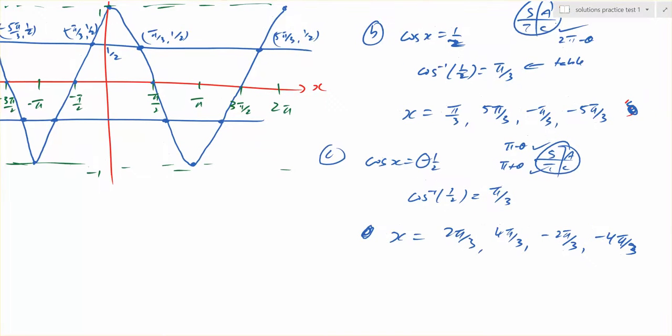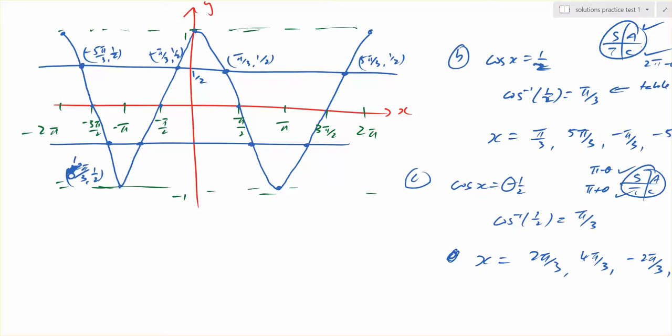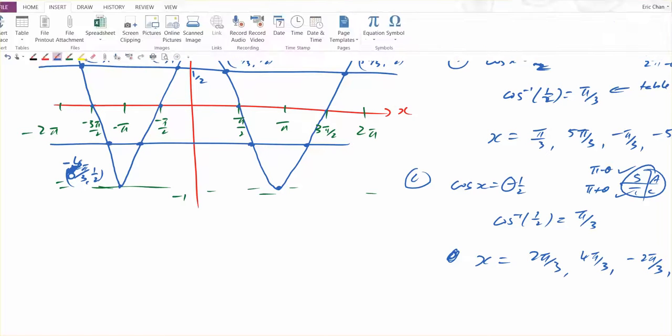So all I need to do now is label my solutions on the graph. We've got negative 2 pi over 3, a half. We've got negative 4 pi over 3, a half, should be here.